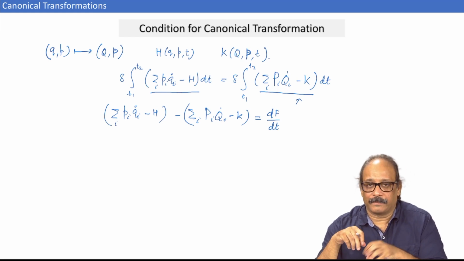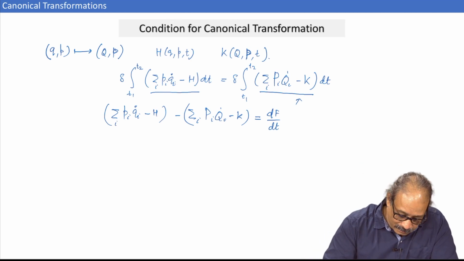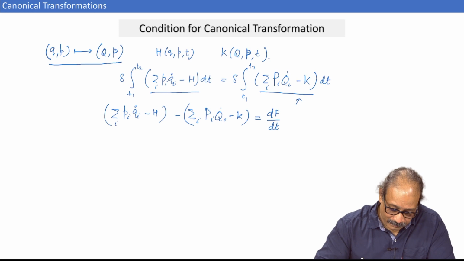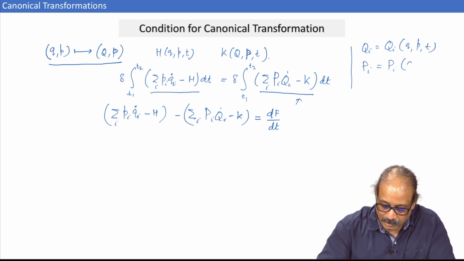But you see, you really have this transformation here, which connects the old set of variables to the new set of variables, that is, capital Q I is a function of q, p and t, and here capital P I are given as functions of q, p and t.